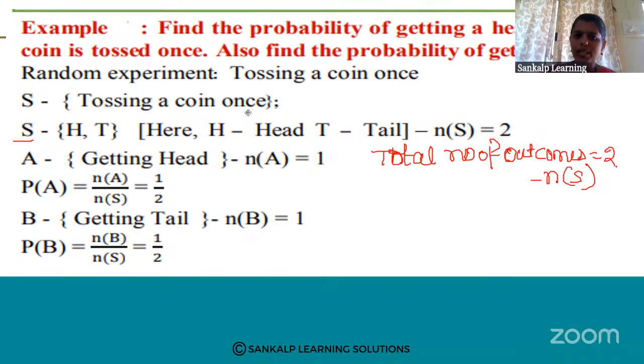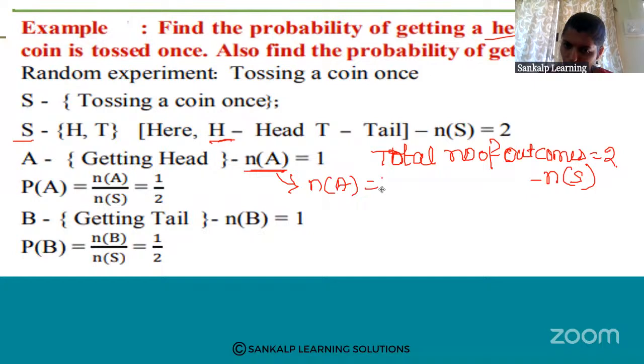Next, what they have asked: the probability of getting a head when a coin is tossed. How many times are you getting a head? Only one time. That I will call n of A. N of A is 1, right?